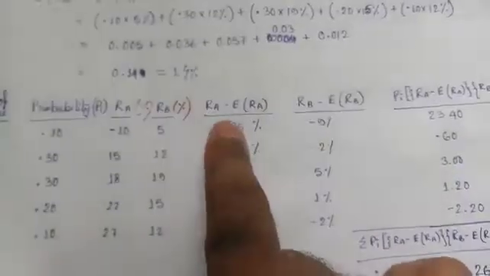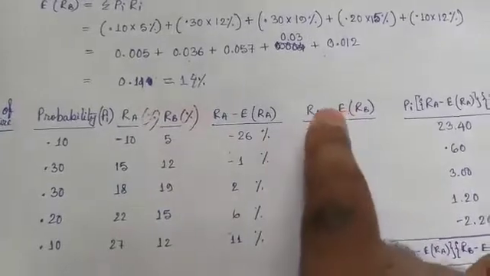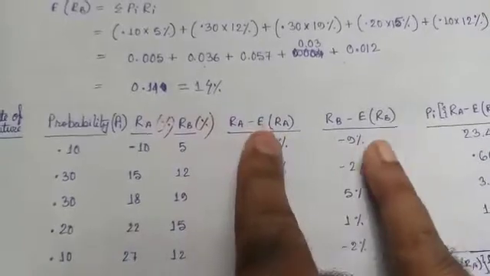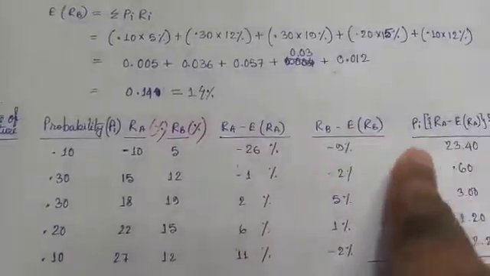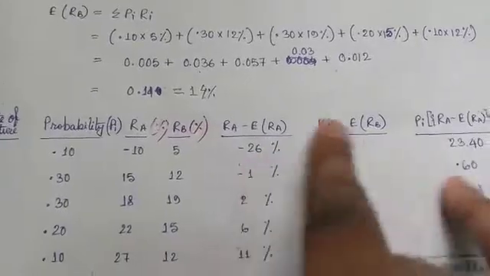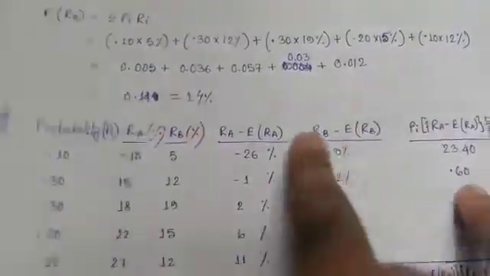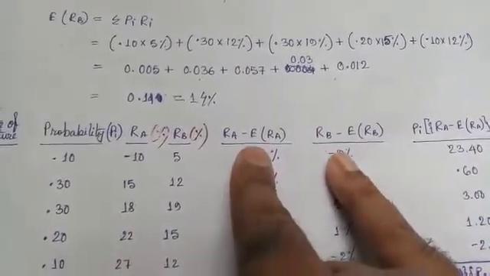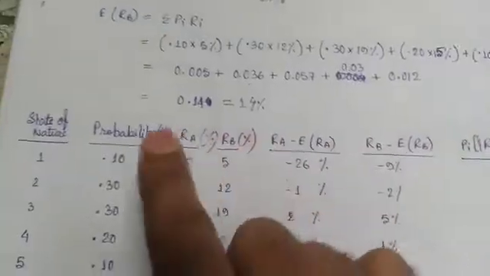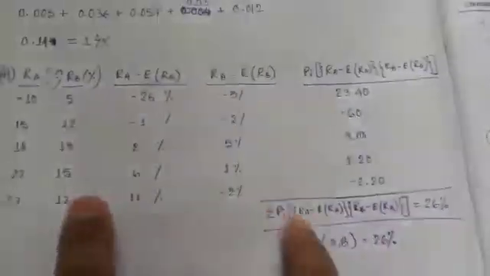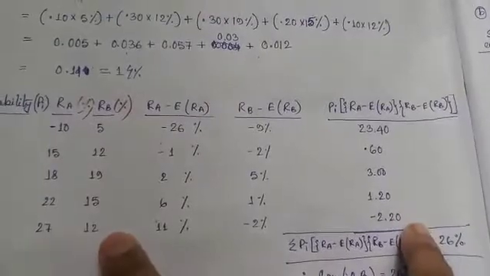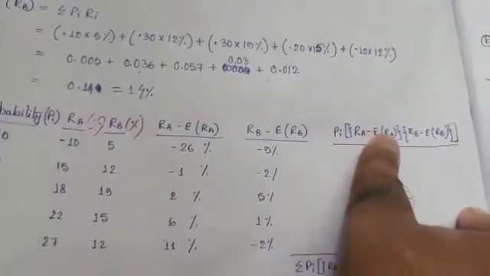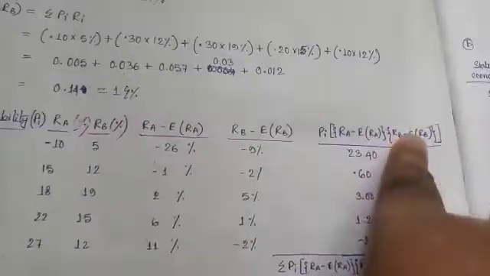So this is the mean deviation of the return from security A. This is the mean deviation of the return from security B, and if we multiply these two, we will get the joint deviation. After multiplying these two, we have to multiply it with the probability factor in order to get the total deviation, which is Pi into (RA minus RA bar) into (RB minus ERB).